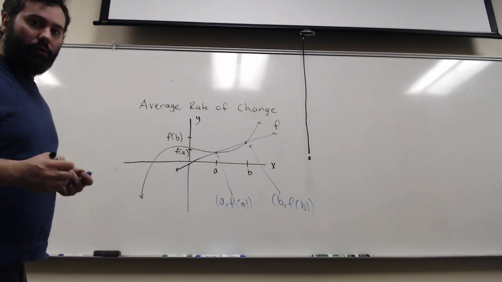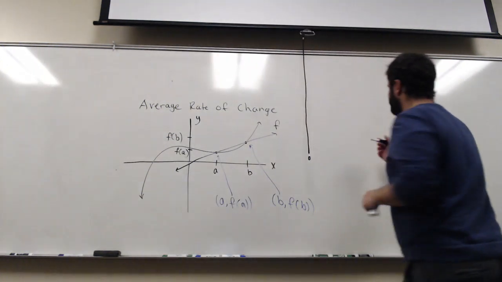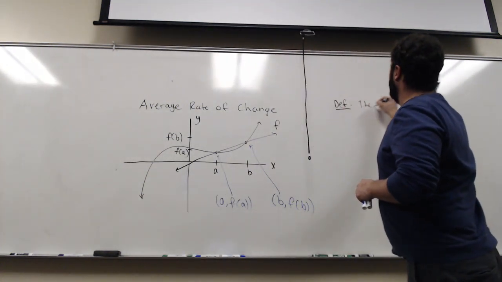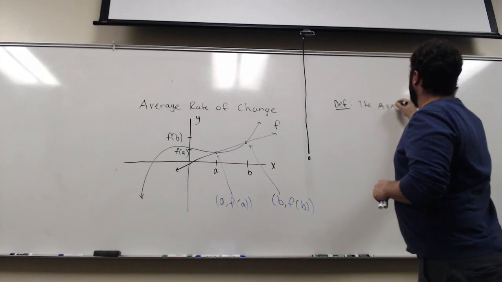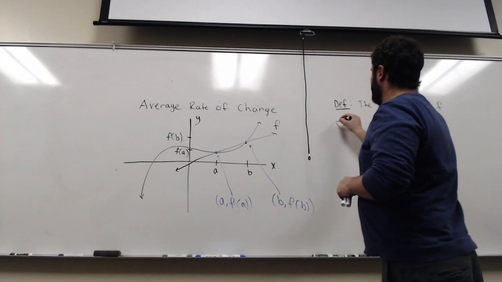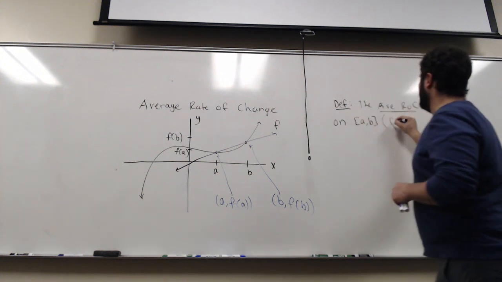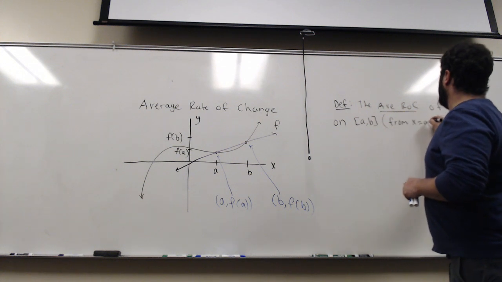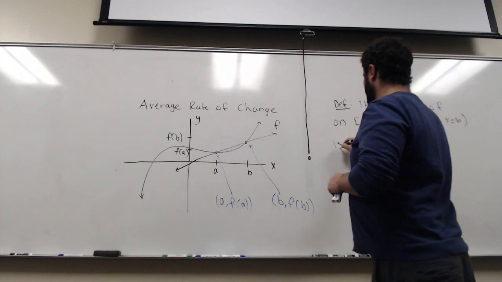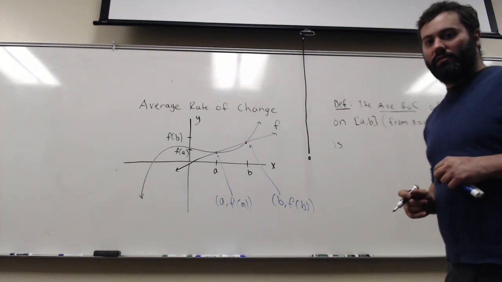I will go ahead and define the average rate of change now. Definition: the average rate of change of f on the interval from a to b, or from x equals a to x equals b, is going to precisely be the slope of that line between those two points.